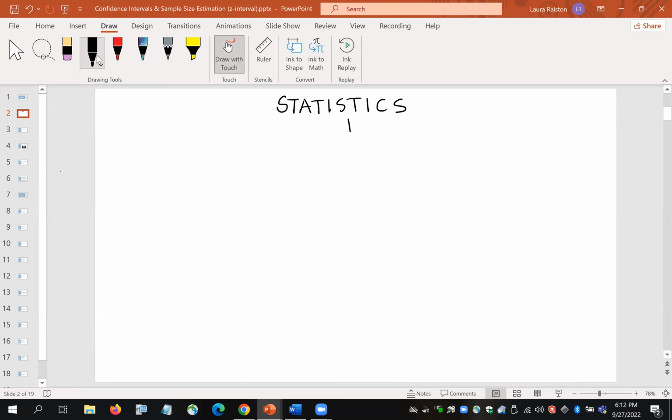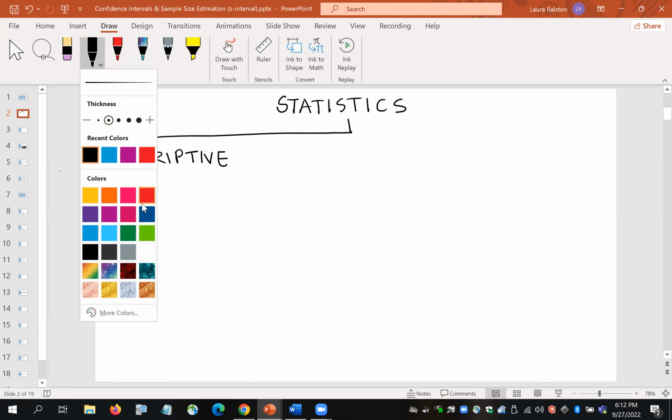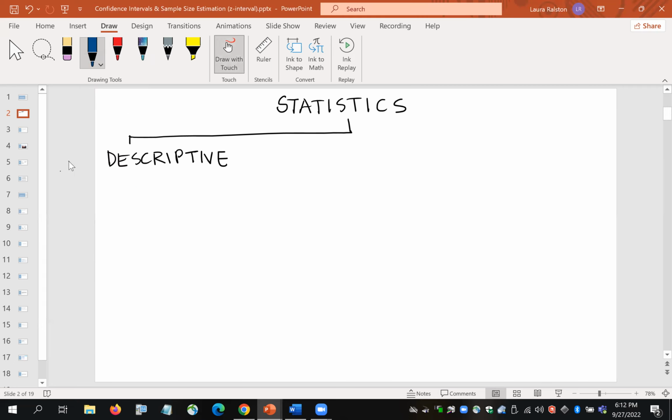One of the branches is called descriptive. Descriptive is the adjective form of the verb describe, and in this branch of statistics, we are simply trying to describe the data set.